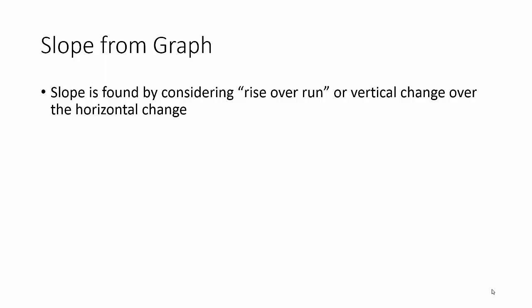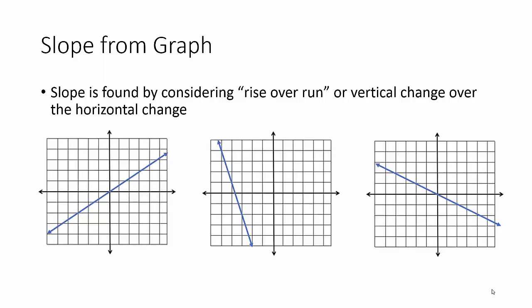From the graph is probably the easiest way to see the slope. It's often considered the rise over the run, how fast we move vertically compared to how fast we move horizontally. So here are three different graphs with three different slopes. And we're going to try and measure how far they rise and run from one to another.